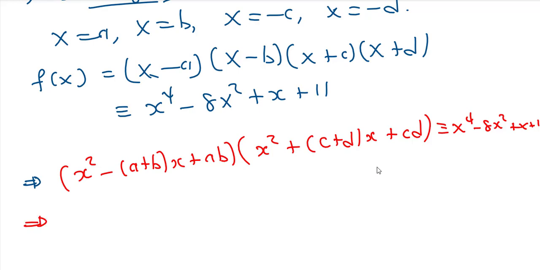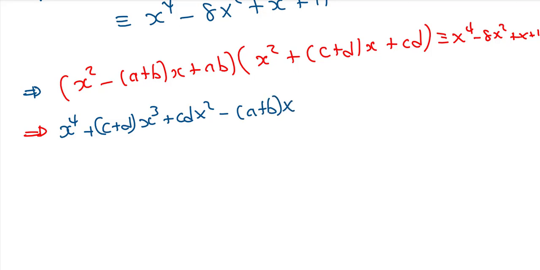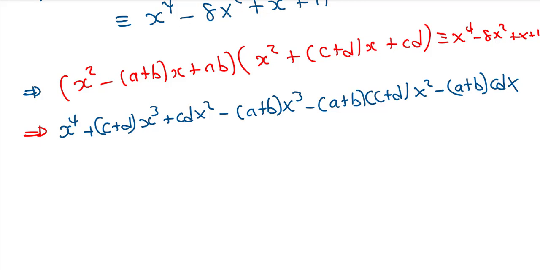Now let's expand and see what we are going to get. This means we have x to the power 4, plus c plus d x cubed, plus cd x squared, minus a plus b x cubed, minus a plus b into c plus d x squared, minus a plus b times cd x.